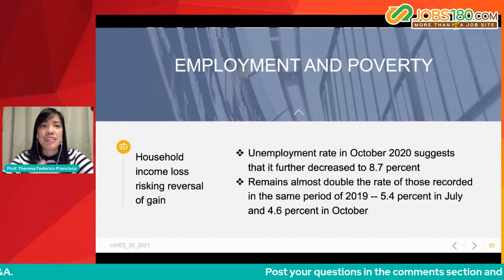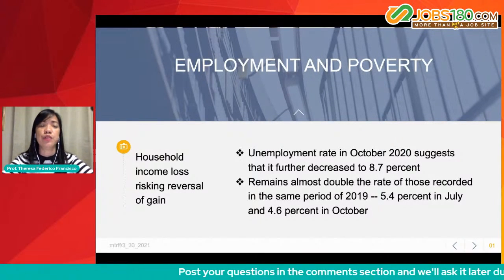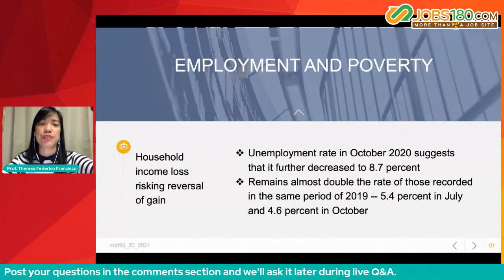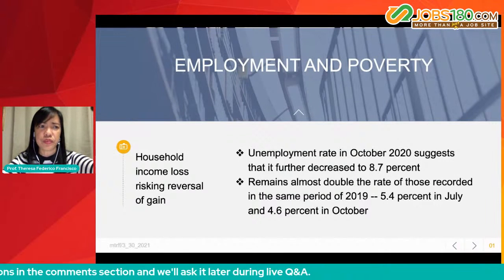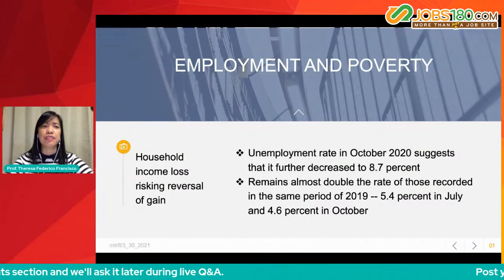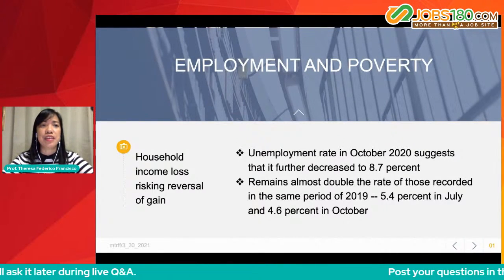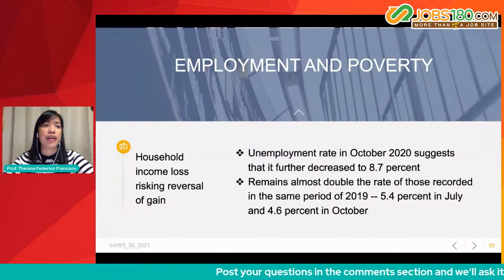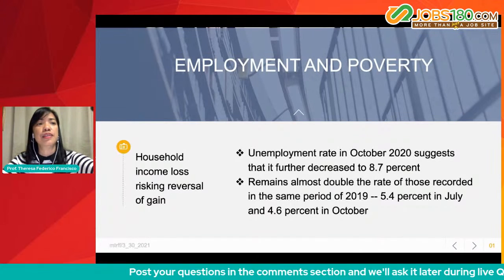And the latest estimate of the unemployment rate in October 2020 shows it further decreased to 8.7%. However, it remains almost double the rates recorded in the same periods of 2019, that is 5.4% in July and 4.6% in October.